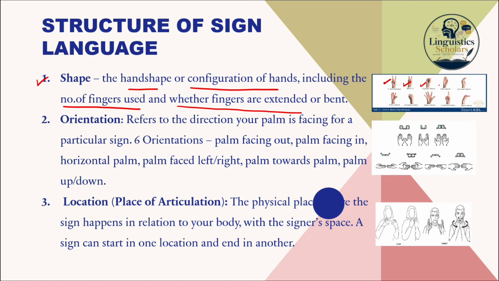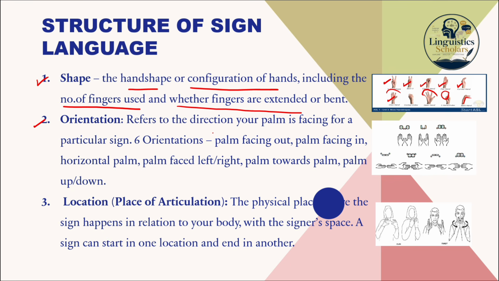This is a closed hand, this is a flat hand, these fingers are curved and bent, a curved hand, a claw hand. Here all 5 fingers are used, and all 5 fingers are bent. So this is the shape, where we talk about the number of fingers and whether the fingers are bent or extended. That is the shape of the sign.